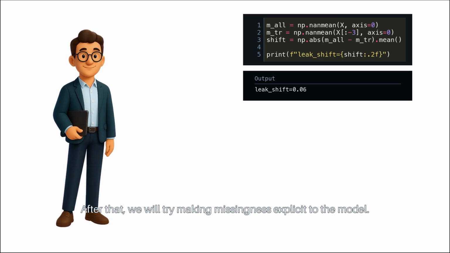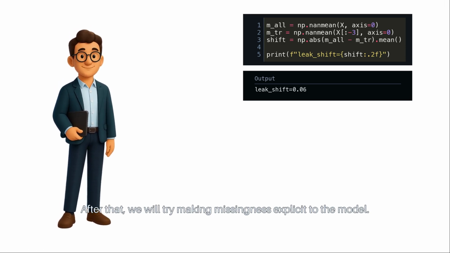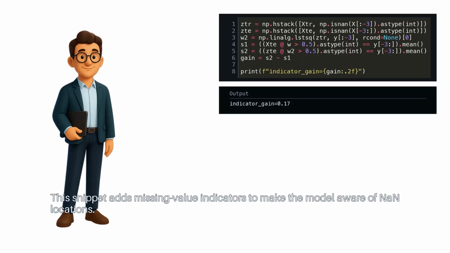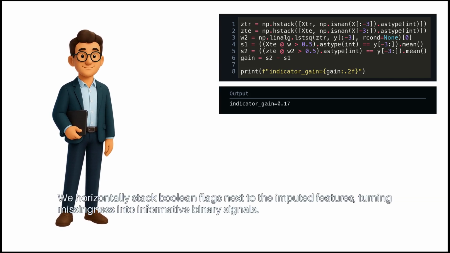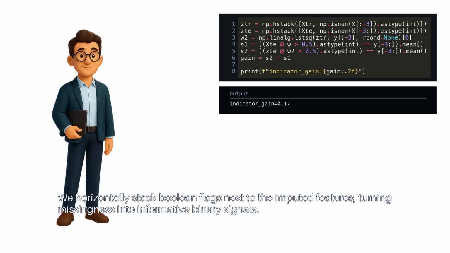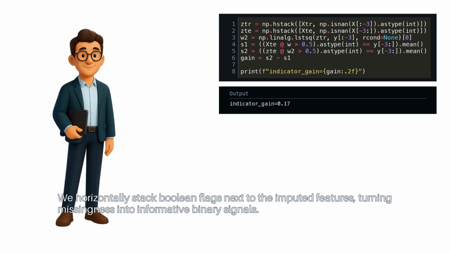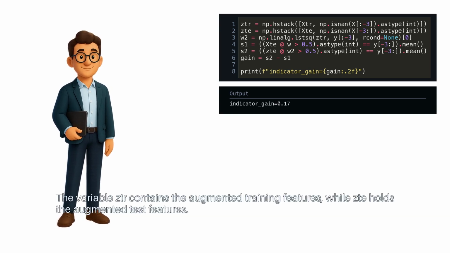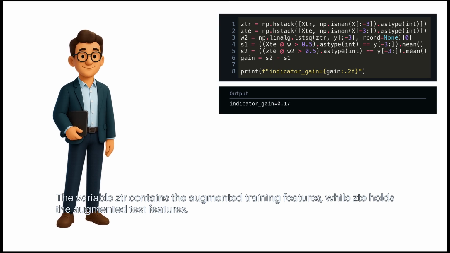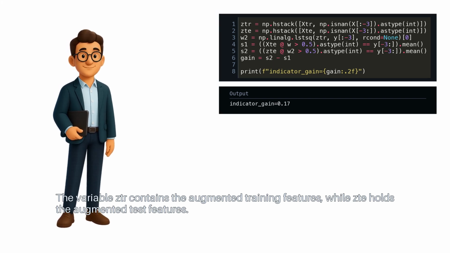After that, we will try making missingness explicit to the model. This snippet adds missing value indicators to make the model aware of NaN locations. We horizontally stack Boolean flags next to the imputed features, turning missingness into informative binary signals. The variable ZTR contains the augmented training features, while ZTE holds the augmented test features.